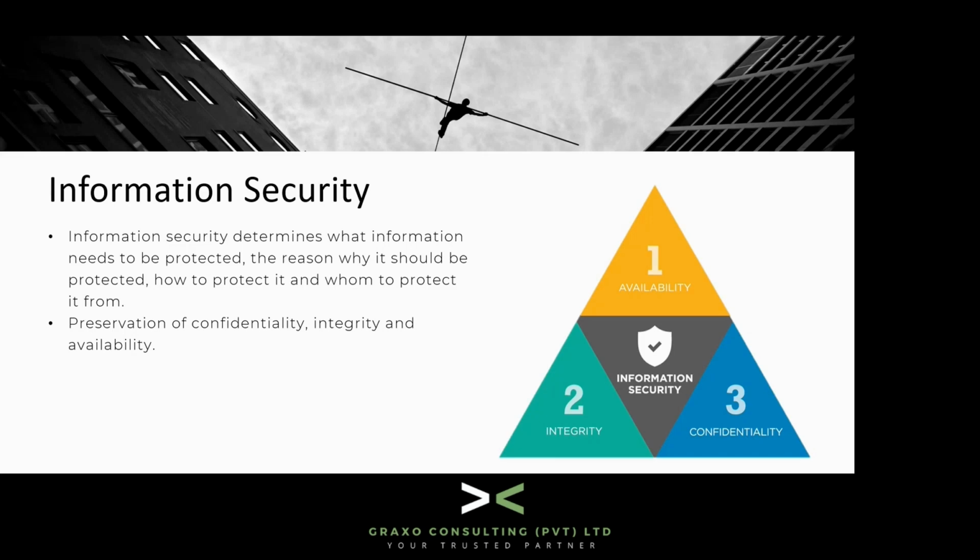The third point, which is normally considered to be falling in the domain of IT, is availability. Normally, this is something which is left out, but it is very important to ensure as cybersecurity consultants that you are considering the options of availability. What is availability? When authorized people, or the people who are eligible to avail the services, want to avail the services, they get the services.